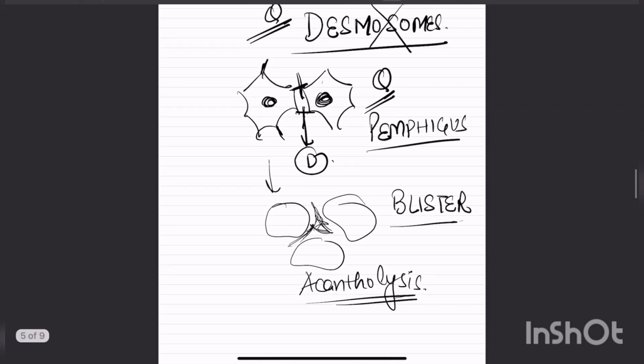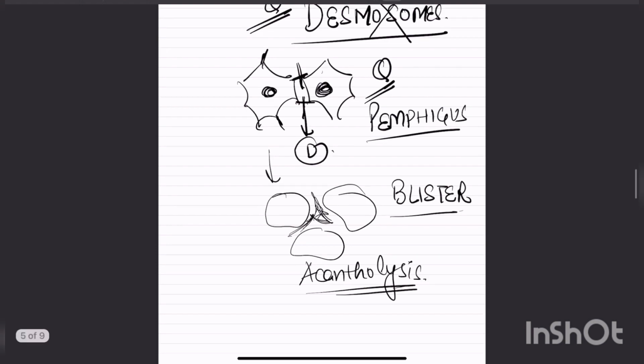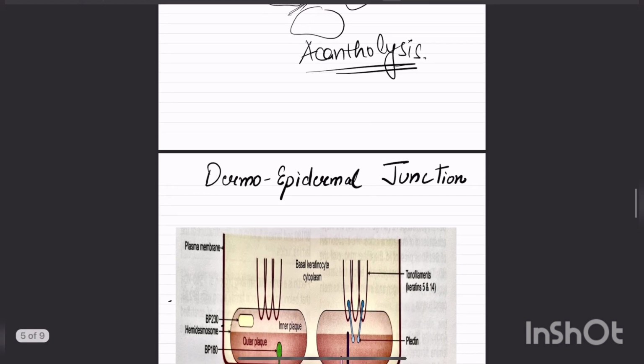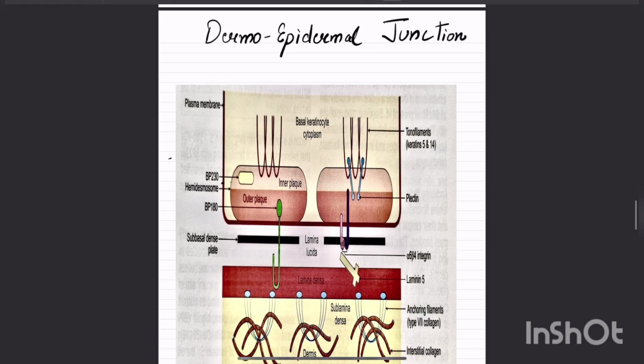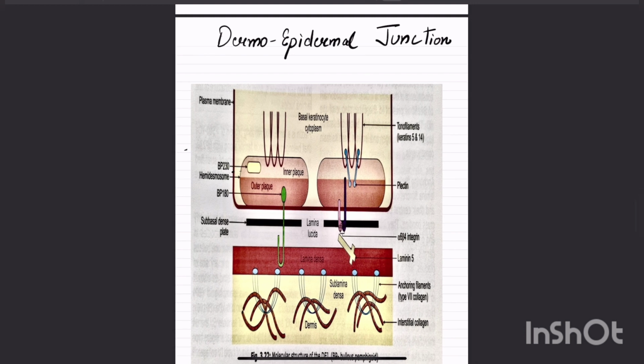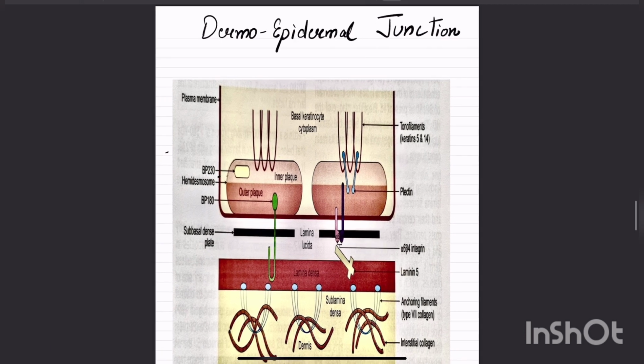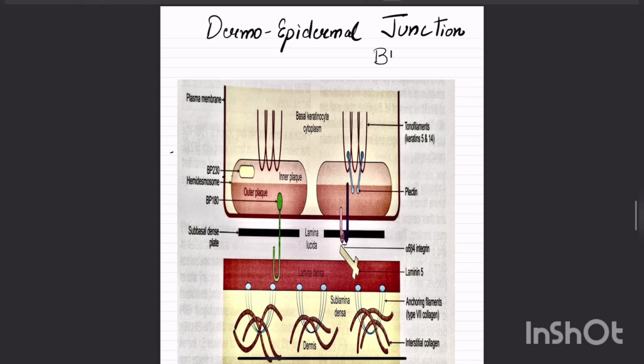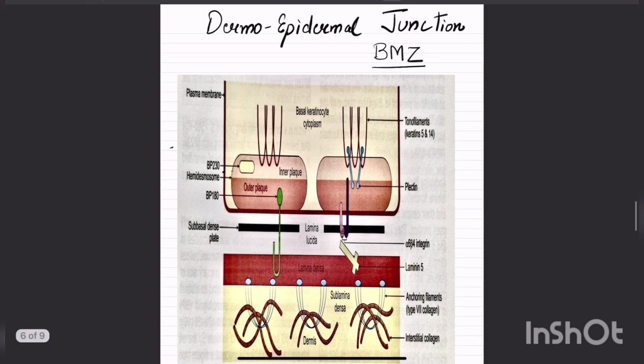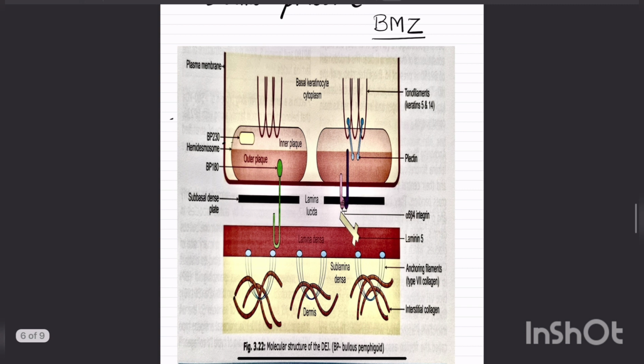Now, we have another important topic on dermoepidermal junction, which is also known as basement membrane zone. We have total 4 layers of this dermoepidermal junction. First of all, we have hemidesmosomes.